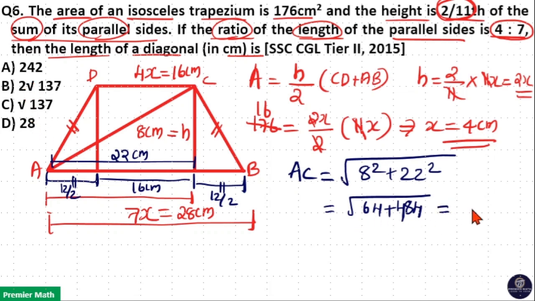So I will take 4 outside. So 4 into 16 plus, taking 4 outside from 484, this will become 121. So 121 plus 16 is 137. So this will become 2 root 137. So option B is your answer.